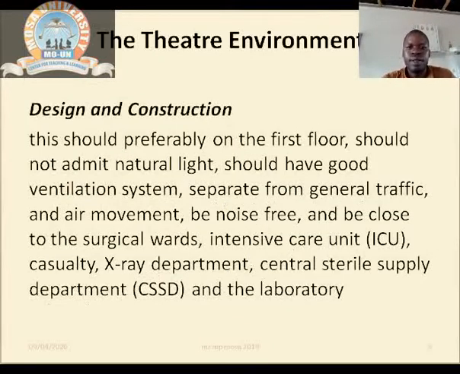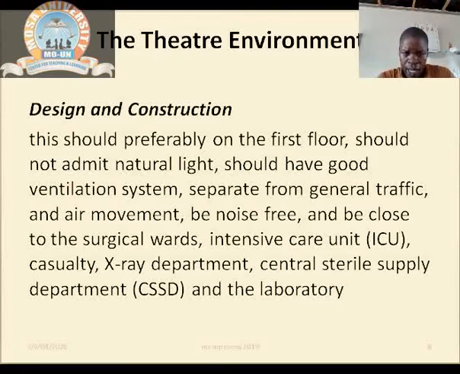Let's now look at the theater environment. The first point under theater environment is design and construction. We're saying this should preferably be on the first floor. It should not admit natural light and should have a good ventilation system, separate from general traffic and air movement.